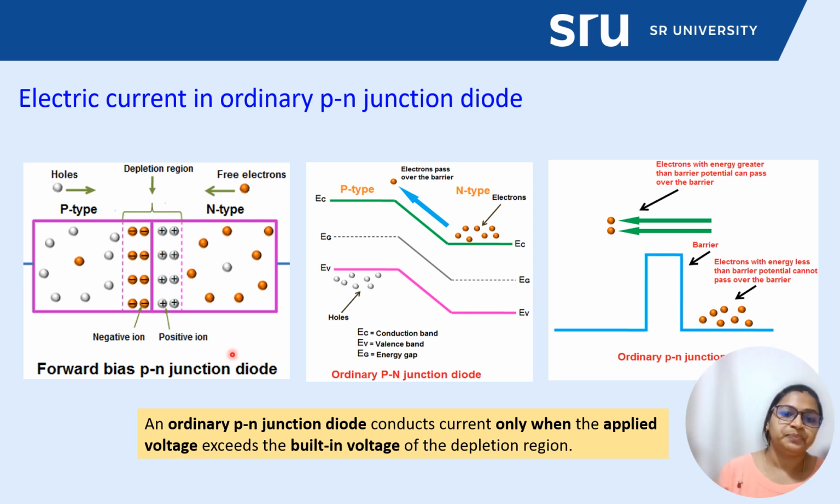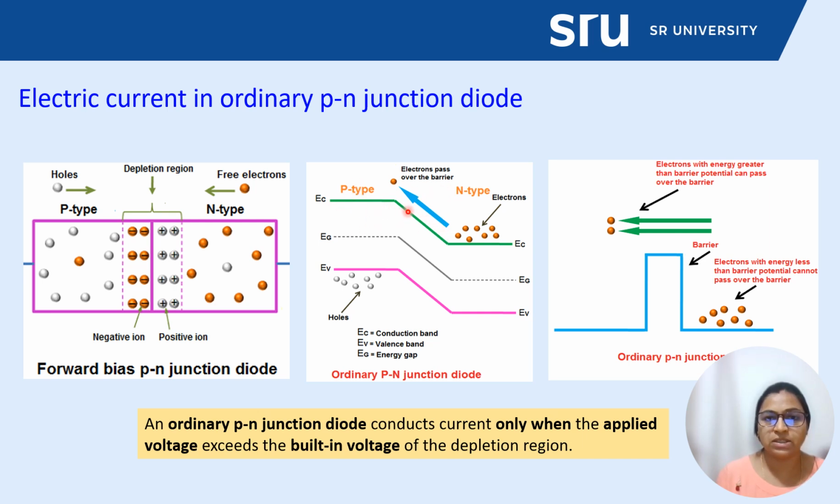Basically, this is the normal forward bias PN junction diode structure. So when we apply the forward bias, what will happen? The width of the depletion region is decreased, and at the same time the barrier height will also decrease. However, these electrons have to pass over this barrier to come to the p side.